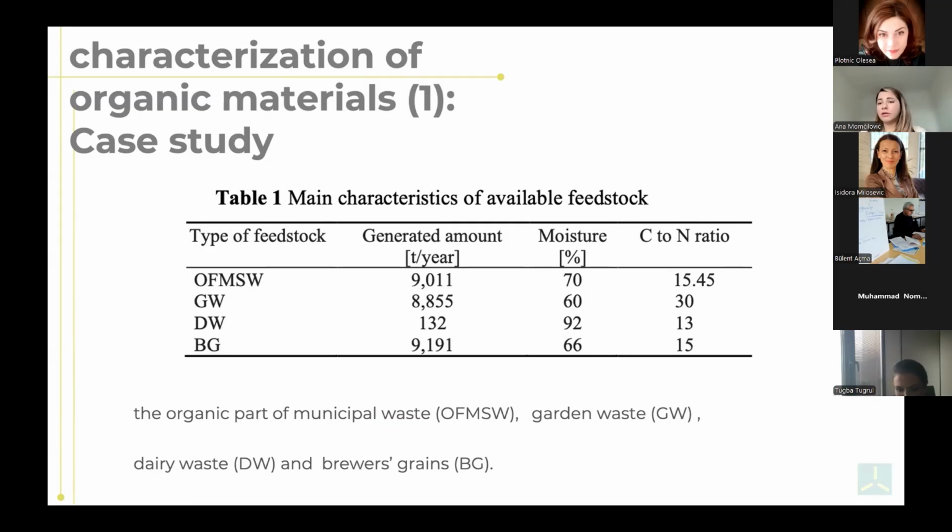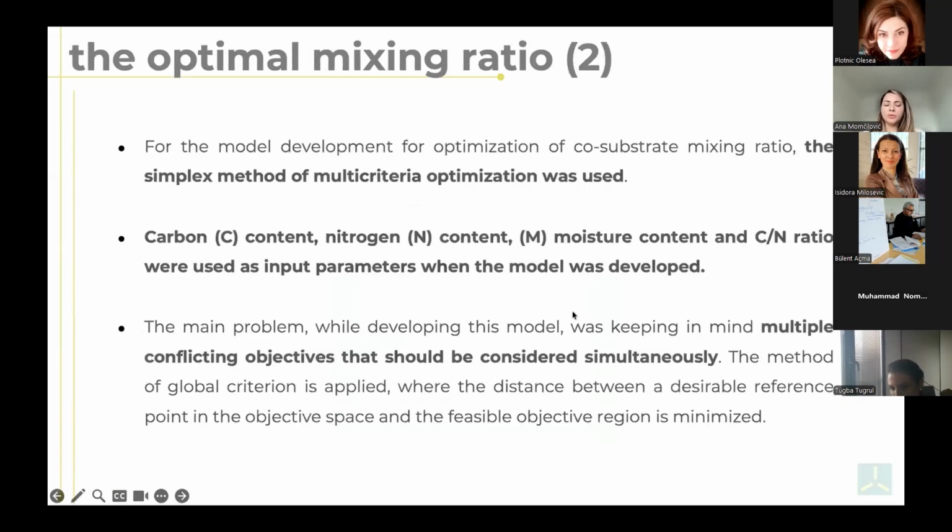So there is not a lot of that kind of waste, but it's really good on proteins, so it is used for optimizing C/N ratio when it comes to anaerobic digestion. And when it comes to brewers' grains, there is a lot of it, around 9,000 tons, similar to the organic fraction of municipal waste.